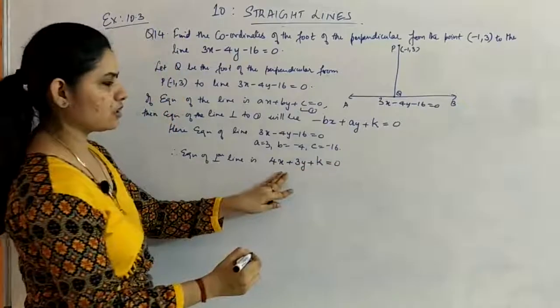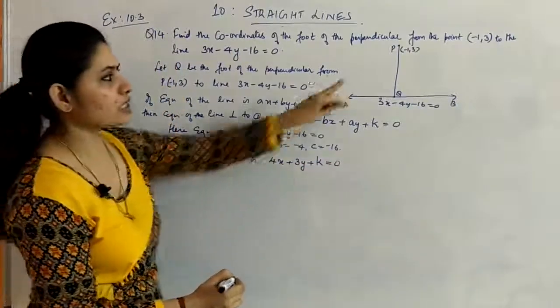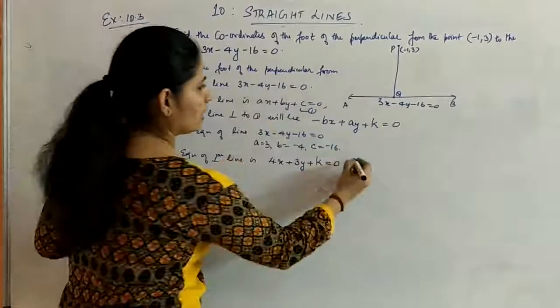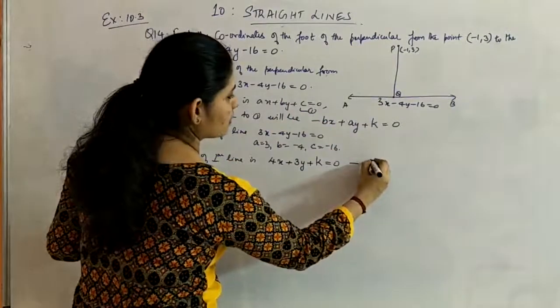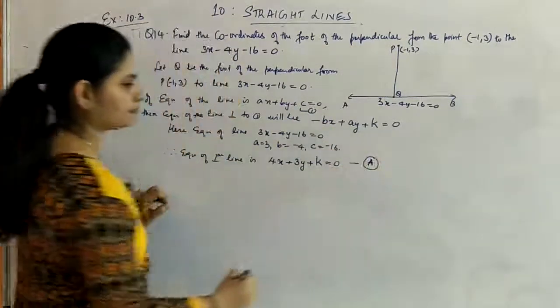This is the equation of the line perpendicular to the given line. Let this be equation number A.